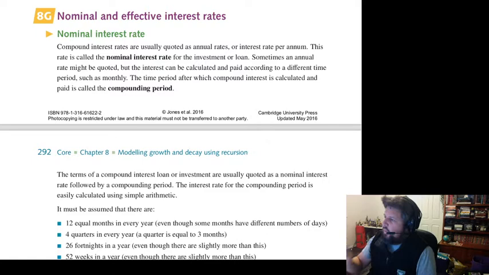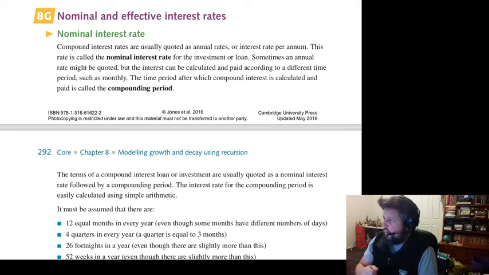When it's talking about the whole year, that's what we call a nominal interest rate, whether it's for an investment or for a loan. However, sometimes an annual rate might be quoted. They might tell you it's going to be 6% per annum for your loan, but then they can say they're going to charge the interest at a different type of time period.